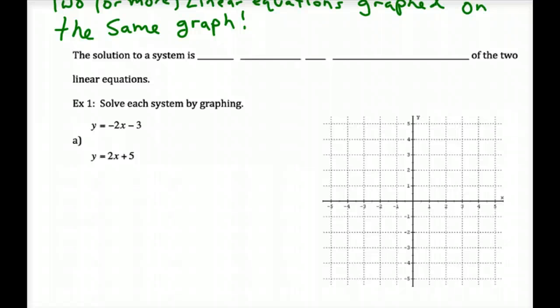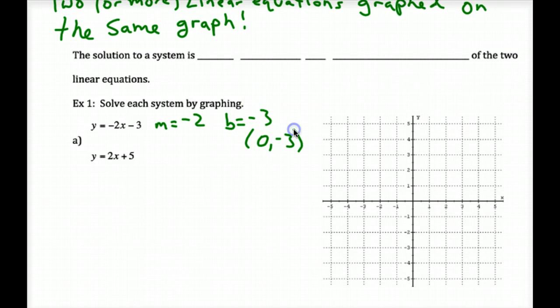Everybody graph both of these on that graph over there. They're in slope-intercept form, so I'm going to write the slope and the y-intercept for both, and then I'm going to graph them. Scotty, look at your page. The slope is -2. What's the y-intercept? -3.